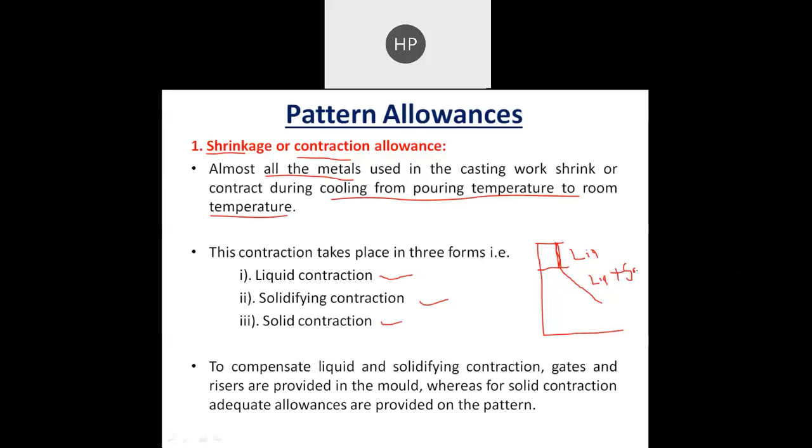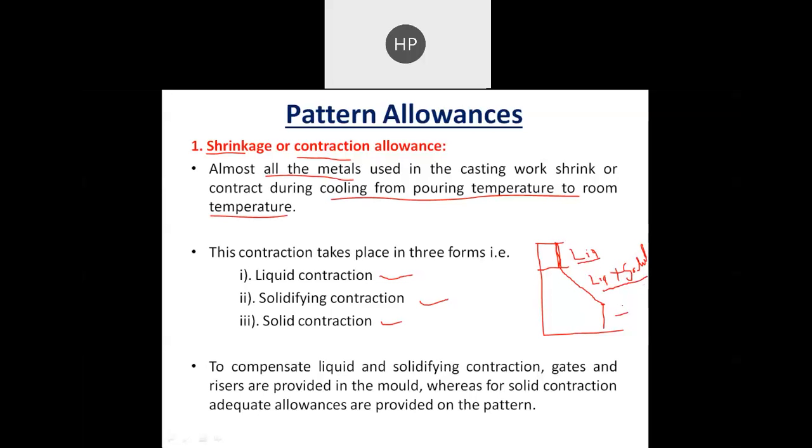This is solidifying contraction. During that time also it will contract by some amount, and then it will be completely solid, and after that, as it comes to room temperature, it will contract further. That contraction is known as solid contraction.